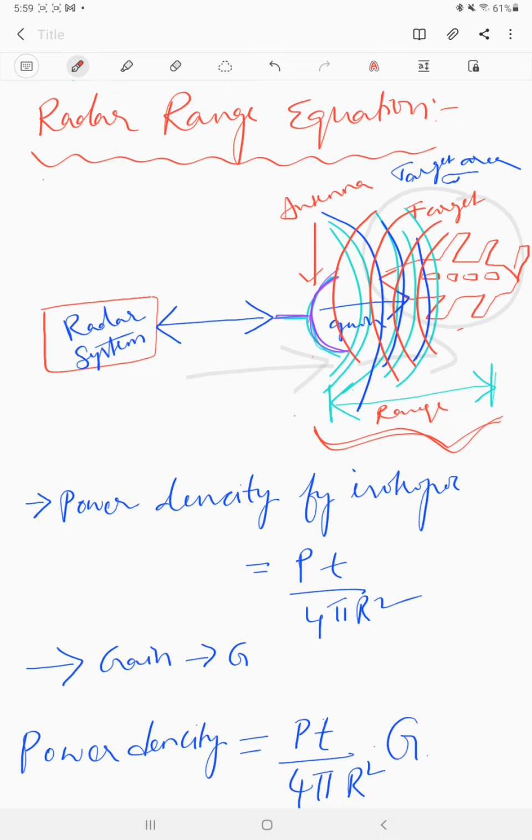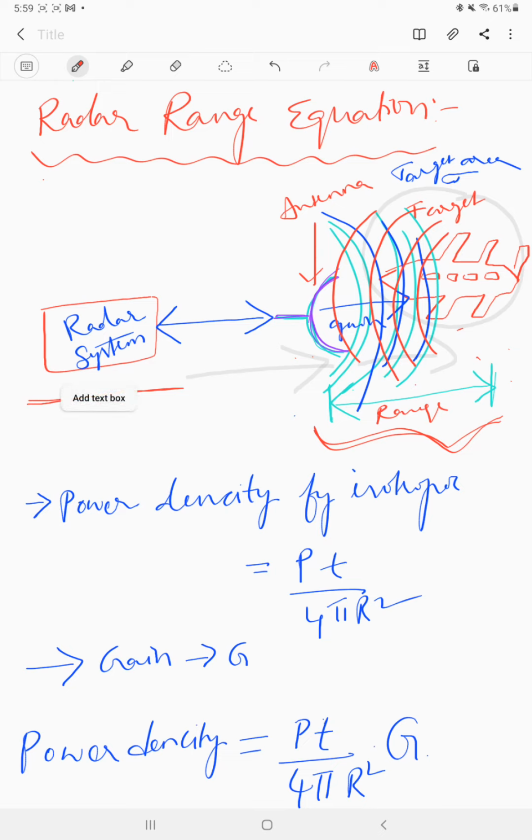The power which is coming at the target is again reflected by the target. Once again I am repeating this sentence. The power which comes at the target is reflected by the target, and that power comes back to the radar system.